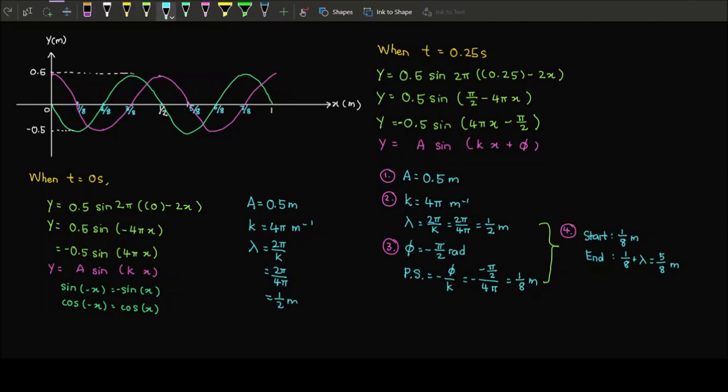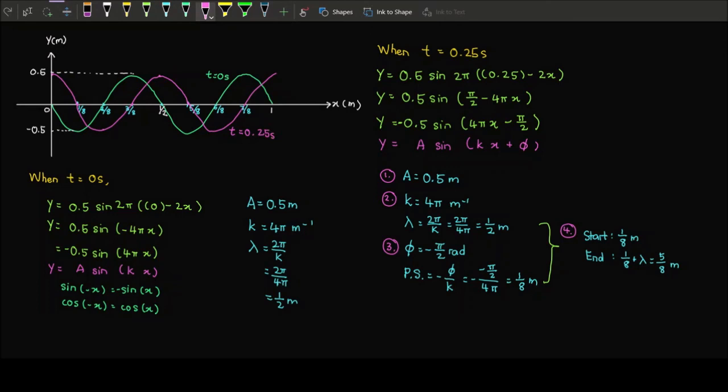Okay, so once we have labeled everything, we should write clearly which one is what line. So the green one, I'll write, is representing when t equals 0 seconds, whereas the pink line is when t equals 0.25 second.